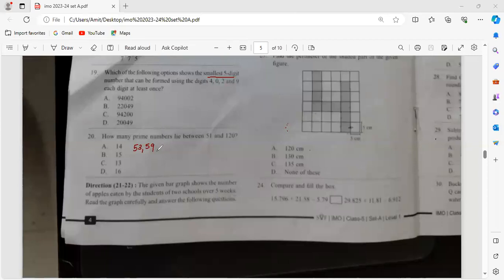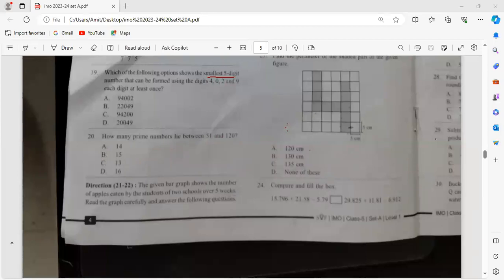You have 53, 59, then 61, 67, 71, 73, 79, then 83, 89, then 97, then 101, then 103, 107, 109, 113. So let's count: 1, 2, 3, 4, 5, 6, 7, 8, 9, 10, 11, 12, 13, 14, 15. So it will be 15, which is option B.